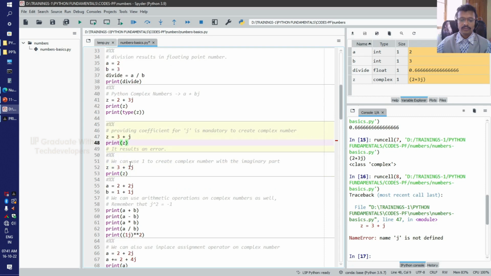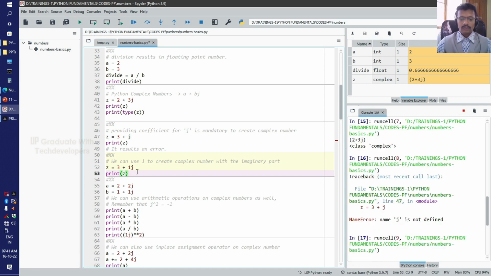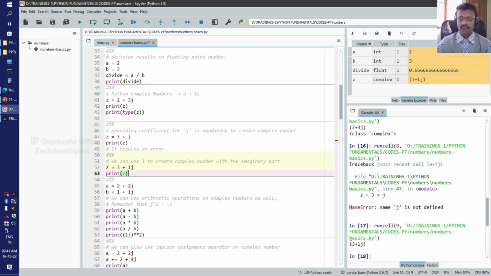So let us replace this j with 1j. Let us create an imaginary part by using 1 with the imaginary term, that is j. So now we got the imaginary number 1j in the complex number 3 plus 1j.